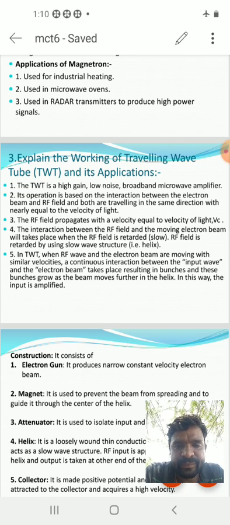In the TWT, when the RF wave and the electron beam are moving with similar velocities, a continuous interaction between the input wave and the electron beam takes place, resulting in bunching. This bunching grows as the beam moves further along the helix. In this way, the input is amplified.